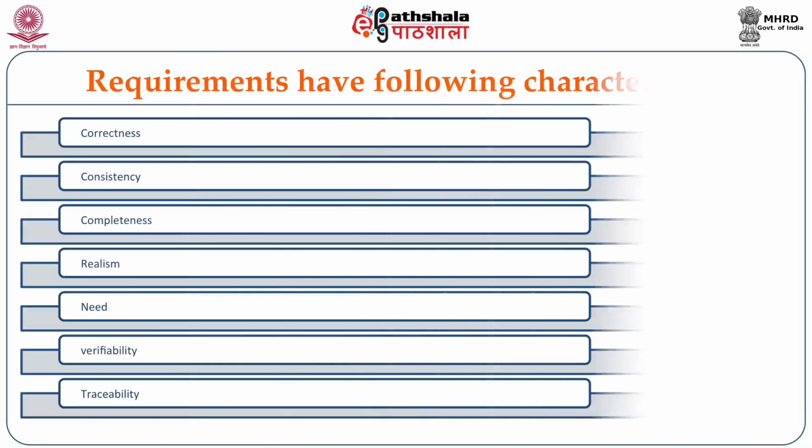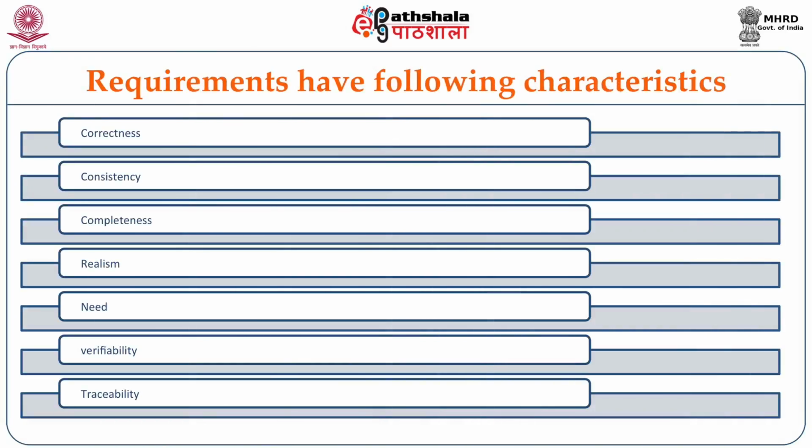The next we want to talk about is the recommended controls. Before I go to the recommended controls, there are certain characteristics that requirements should meet. So before I talk about recommended controls, let me state what those characteristics are. First is correctness.